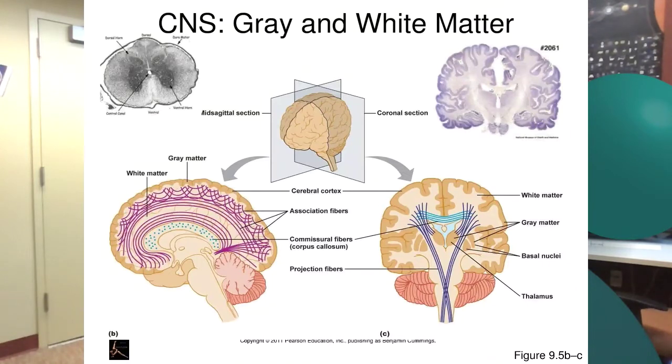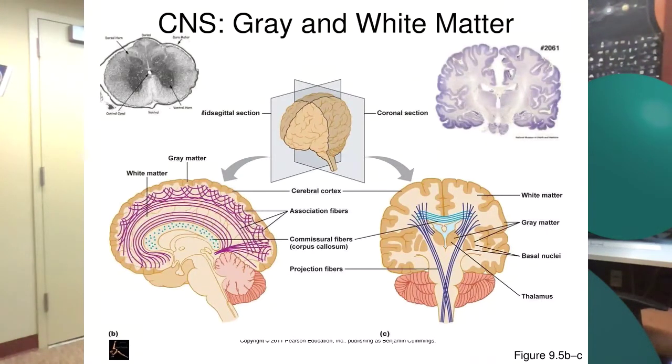So you can see there can be short connections from very short areas of the gray matter to another area of the gray matter. It can go completely from the front of the brain to the back of the brain and vice versa. And then if you look in the lower right side, you also see from a frontal view of the brain, those lines there are indicating the axons, the portion of the white matter.